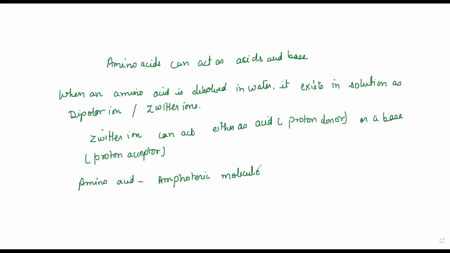At high concentration of hydrogen ions, which means at low pH, the carboxyl group accepts a proton and becomes uncharged, right? So the overall charge on the molecule is positive. So we can say at low pH, the carboxyl group accepts protons and becomes uncharged.